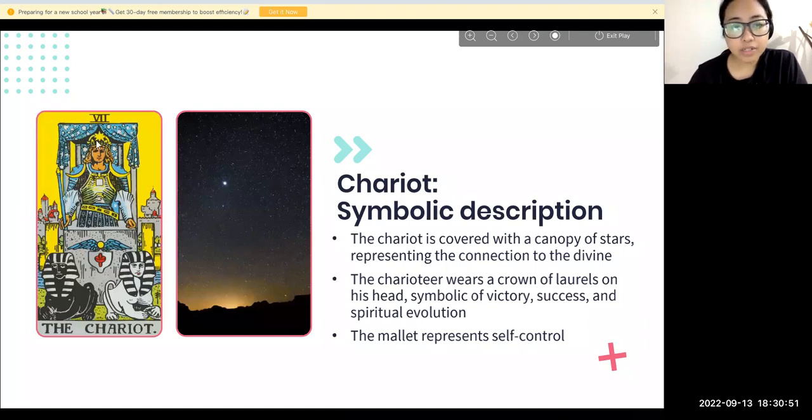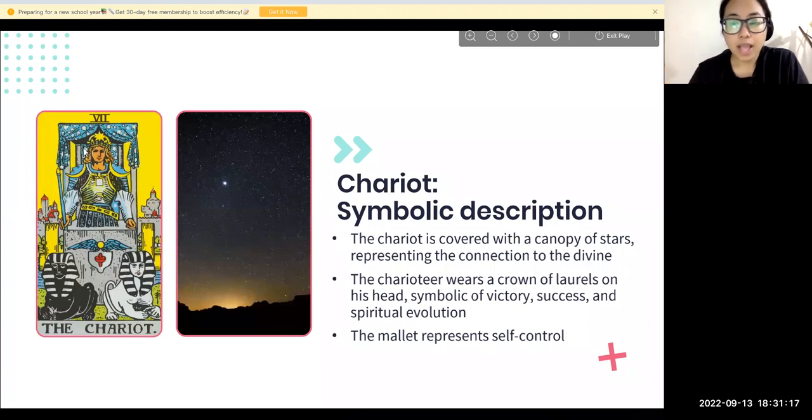Okay. And the Chariot is wearing a crown. You can see the crown with the headgear, right? And you can see a big star on the crown, which, if I simplify, means victory, success. It means that because you are now deeply connected to your divine connections, you are evolving in your spiritual journey.